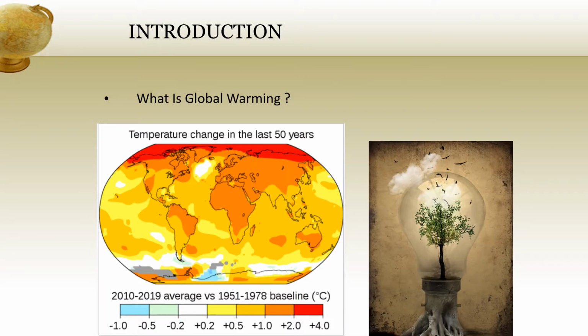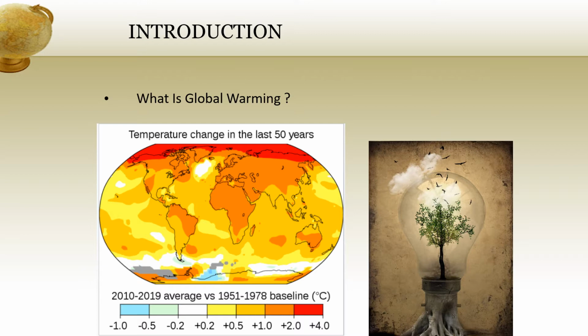Now what is global warming? Global warming is the rising average temperature of Earth's climate system, and it is driving changes in rainfall patterns, extreme weather, arrival of seasons, and more. Collectively, global warming and its effects are known as climate change.